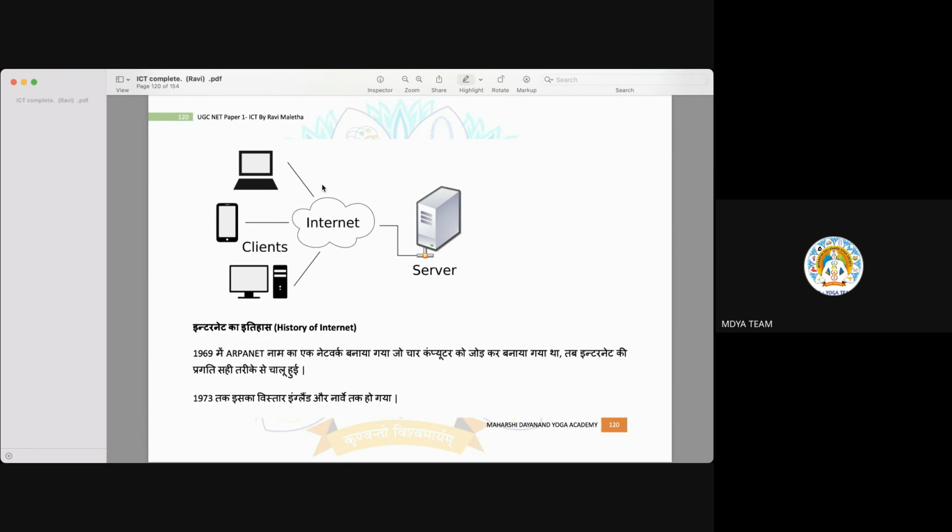The name internet means international network. This internet is an information superhighway to access information over the web. It's a web, meaning a lot of information, and how to access that information.